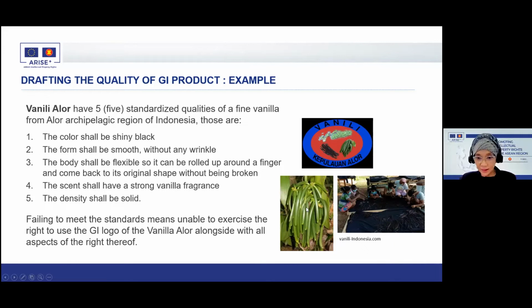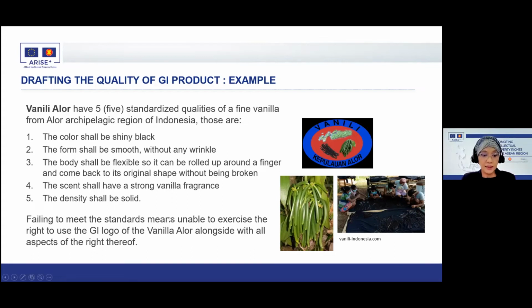The body shall be flexible, so it can be rolled up around the finger and come back to its original shape without being broken. We can roll them up on our finger, and it will come back to the original form. The scent shall have a strong vanilla fragrance, and the density shall be solid.